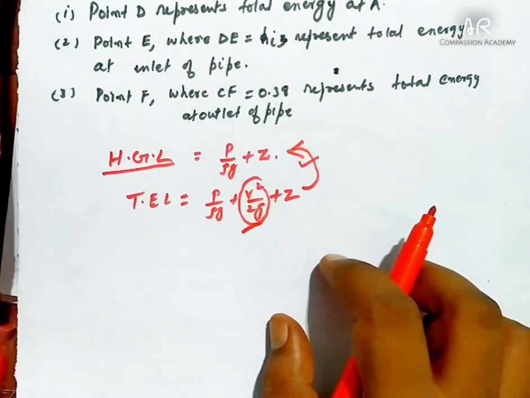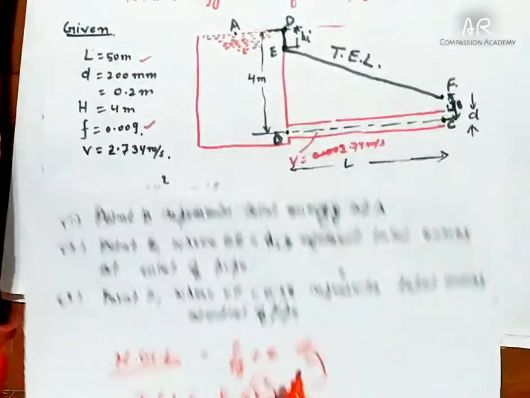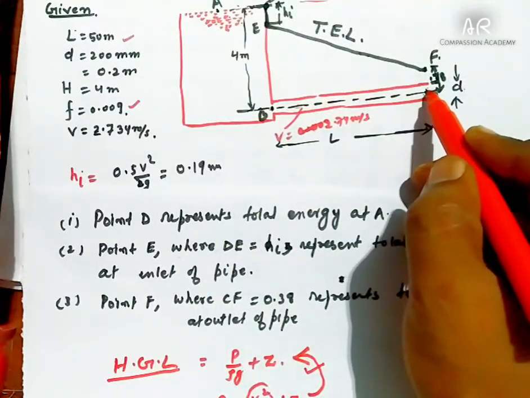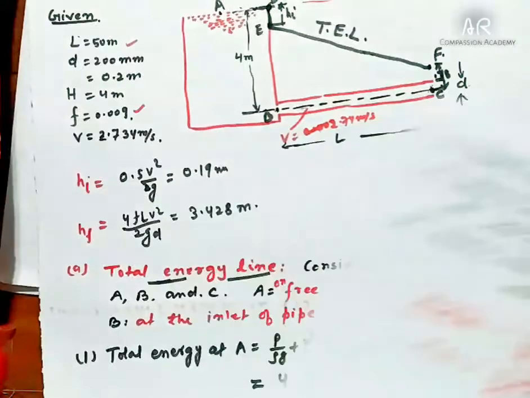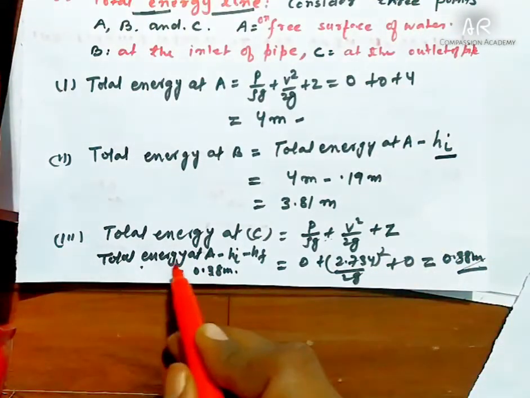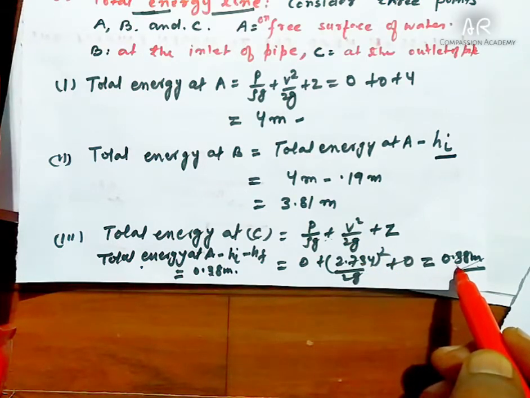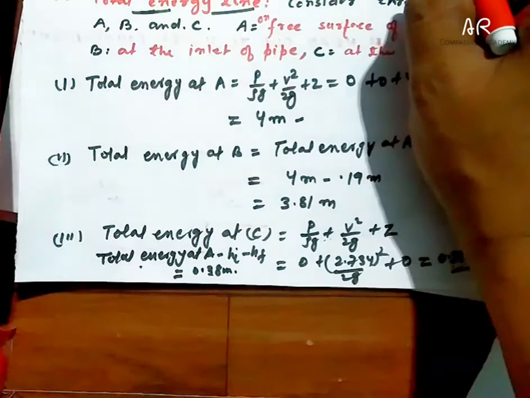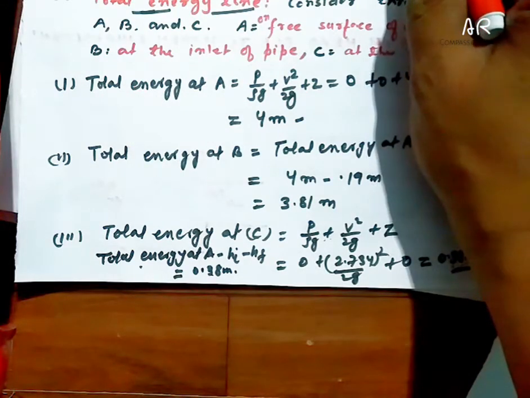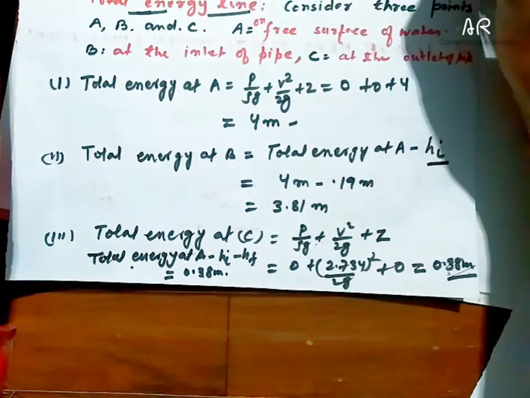Here at C, the only energy is V squared by 2g, and that is 0.38.